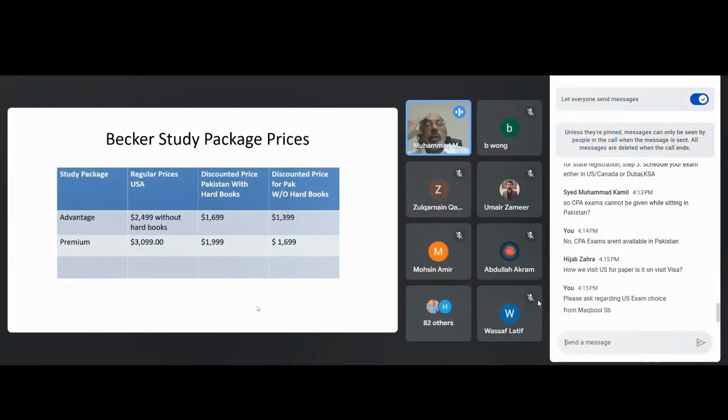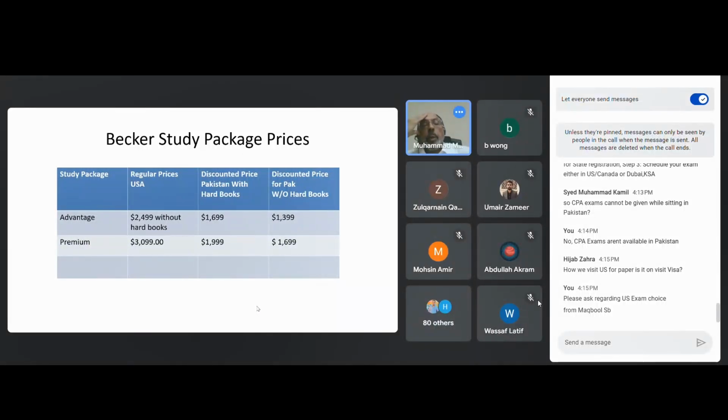Then the next slide is your Becker study package price. For the Advantage package, the US regular price is $2,499 without hard books. As he said, Advantage doesn't have hard books. The Pakistan discounted price, keeping in view the unfavorable parity rate, is $1,399 without books.